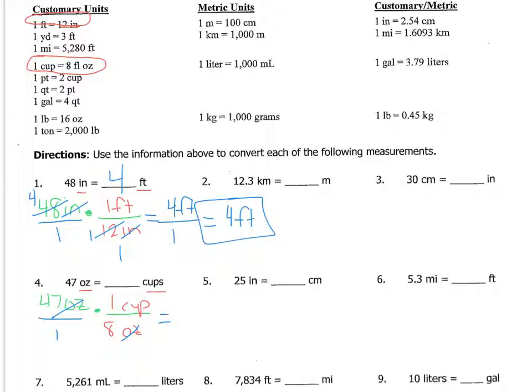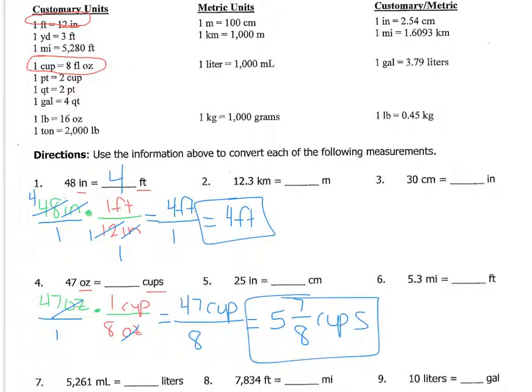So I'm going to multiply straight across. 47 times 1 is 47 cups over 1 times 8 is 8. This fraction bar really means division, so I'm going to see how many times 8 goes into 47. It goes in there 5 times. 5 times 8 is 40, so there are 7 left over out of 8 in cups. So this converted to 5 7/8 cups.